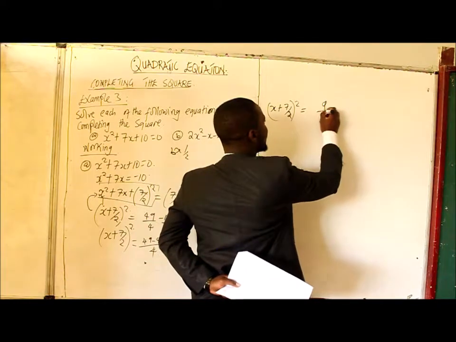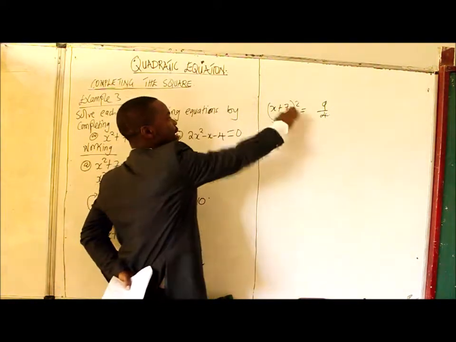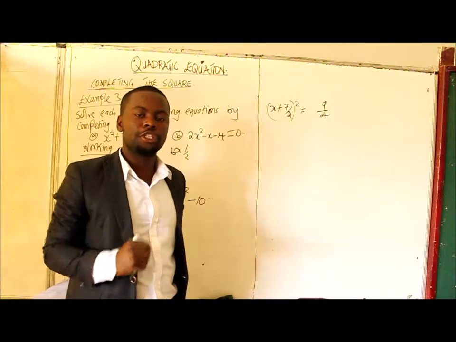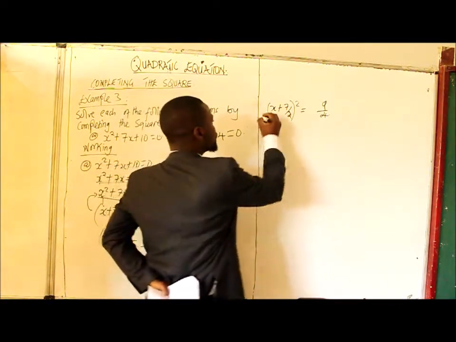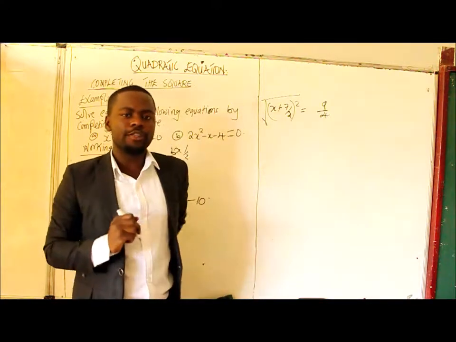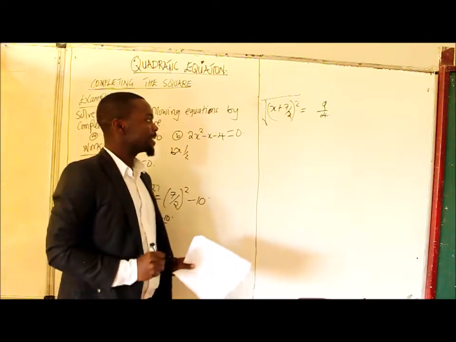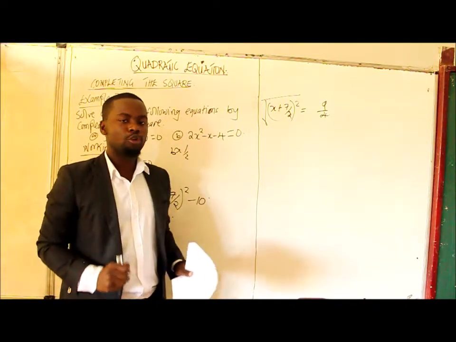Is 9 over 4. So from here we said that for us to eliminate the square, we must introduce a square root on the left hand side. Now when you introduce a square root on the left hand side, make sure that you also introduce it on the right hand side for the equation to be maintained or to be balanced.